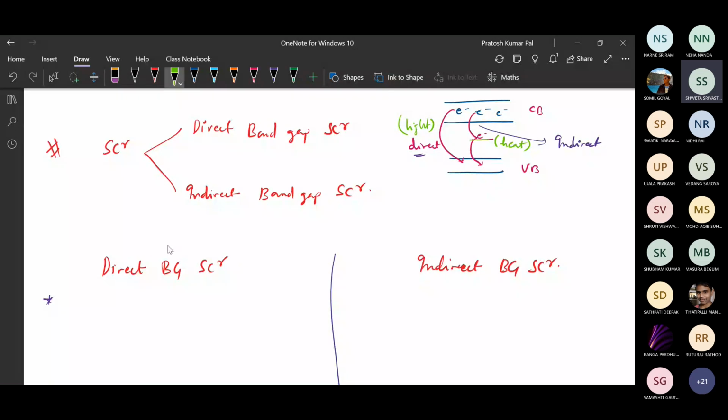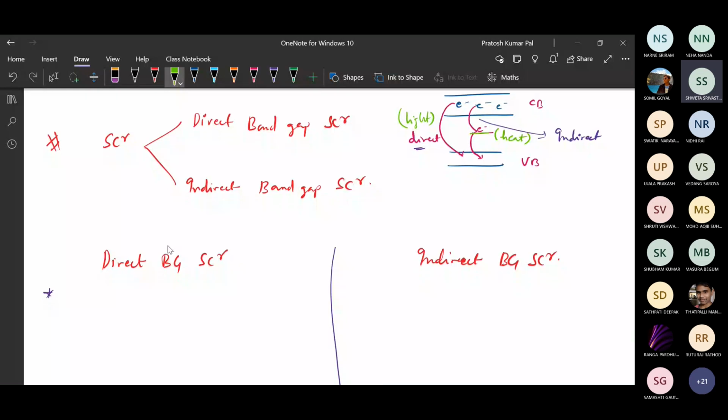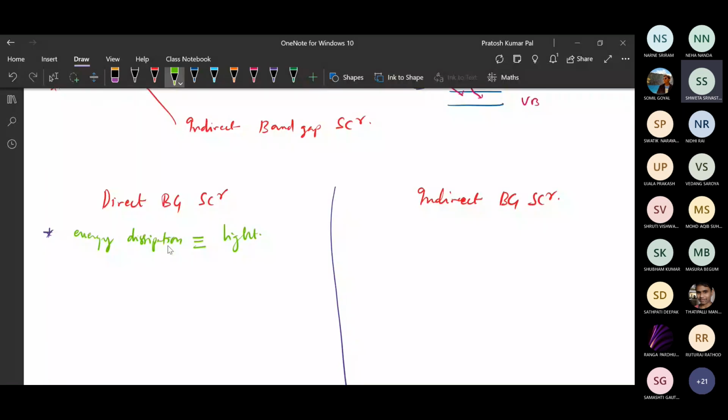So it is not going to work as an LED. In direct band gap the energy dissipation is in terms of light, so that's why it can be used as LEDs. Examples of direct band gap semiconductors are gallium arsenide, gallium nitride, indium arsenide, and there are many more.